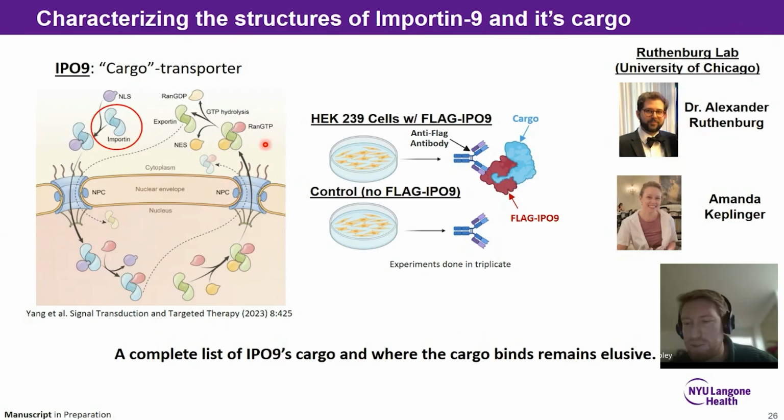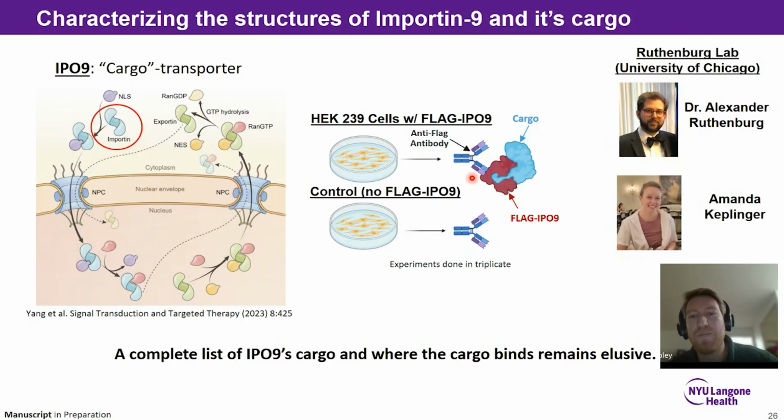In mice with depletion, I think it was lethal in 10 days. So it's very important for cell homeostasis, but they don't necessarily know all the cargo that it's bringing through. They're also interested in where this cargo is binding, because IPO9 doesn't have a classical binding motif like some of the other importins do.